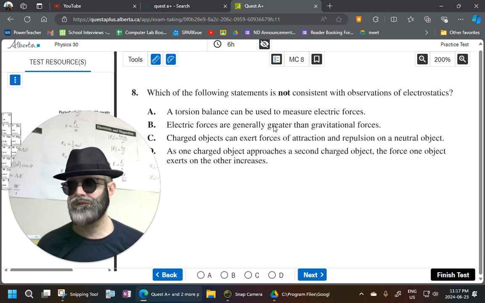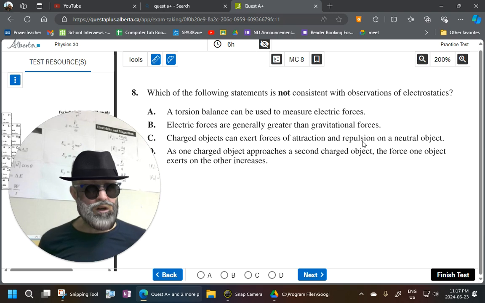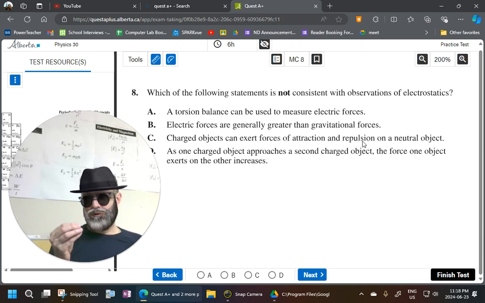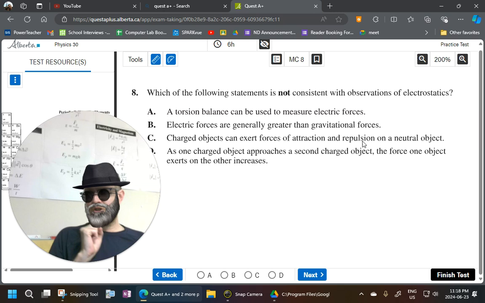Electrostatic forces are generally greater than gravitational forces. Depends on what you're talking about, but I think it's this one here. Charged objects exert a force of attraction and repulsion. Is that like an overall? Because it is attracting the positives and repelling the negatives at the same time, but overall, it's going to be an attraction because of that charge distribution.